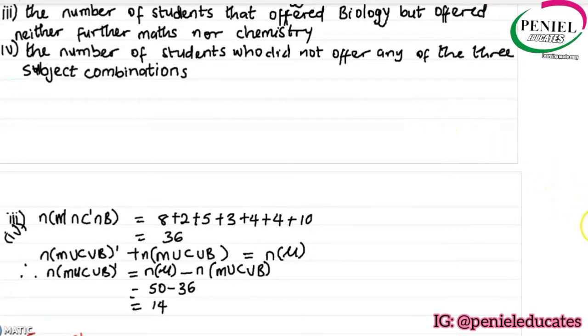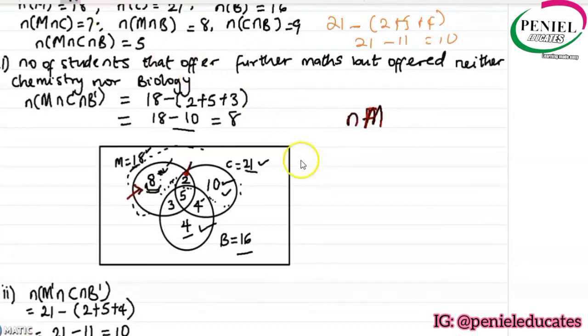Now let us look at the number of students that offered all the subjects that we have. If you look at the number of students that are actually offering all the subjects, we have 8 here, 8 here plus 2, which is here, plus 5, plus 3, plus 4, plus 10, then plus 4.